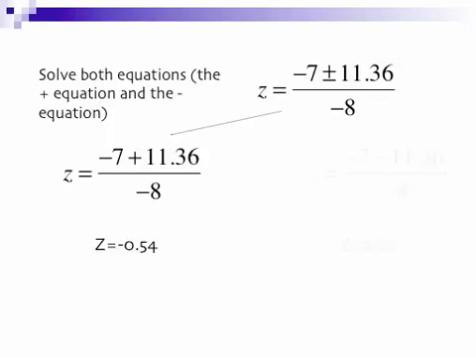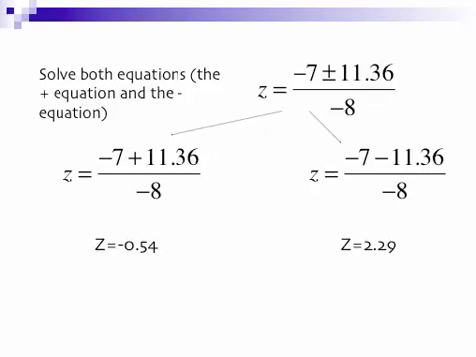Then I'm going to solve the minus version of this equation. z equals negative 7 minus 11.36 all over negative 8. When I do that, I get z equals 2.29. So these two values of z, negative 0.54 and 2.29, are the two solutions to this equation. They're the two numbers that I can plug in for z that make my original equation be equal to 0.